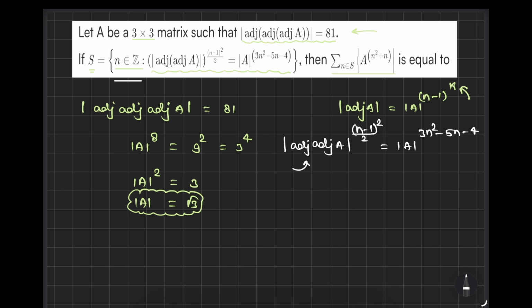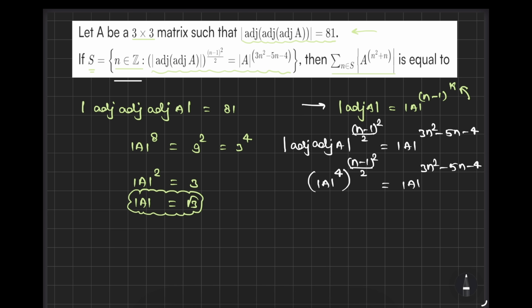Now can I apply the same property over here by writing determinant of A to the power n minus 1? So n is 3, 3 minus 1 is 2. Okay, and 2 power, this is 2 times adjoint, so 2 squared, so it will become 4. Now we have this power (n minus 1) whole squared by 2, determinant of A to the power 3n squared minus 5n minus 4.